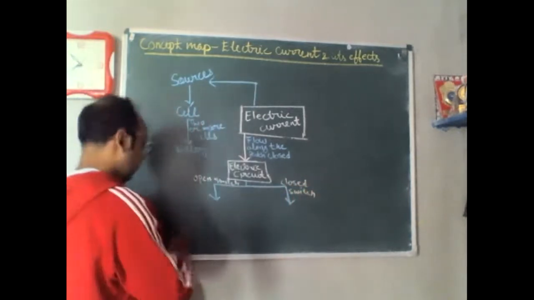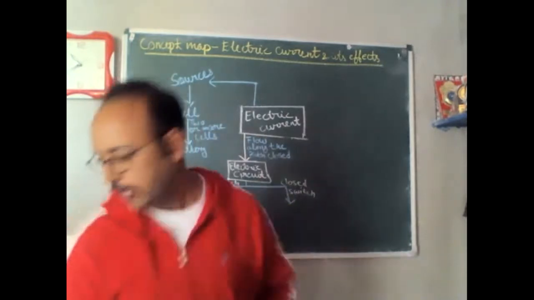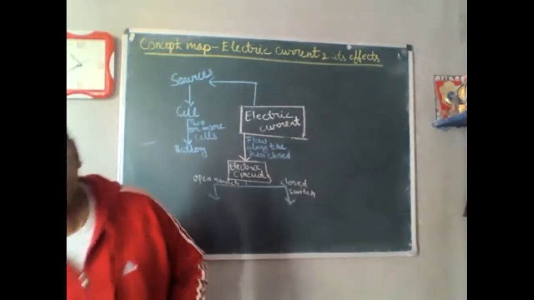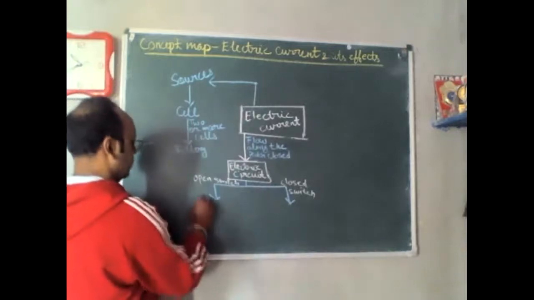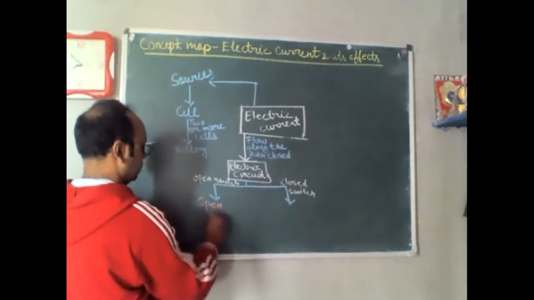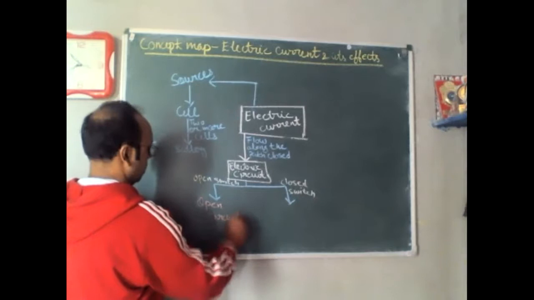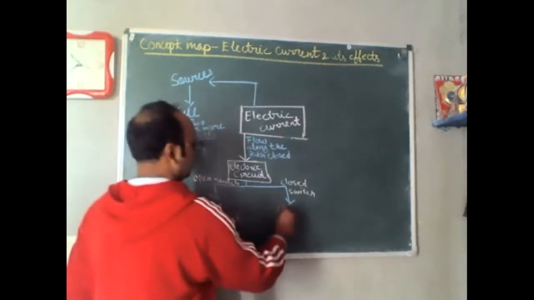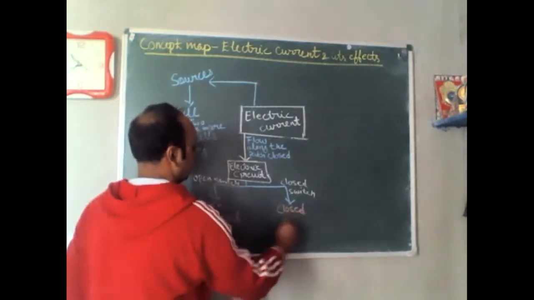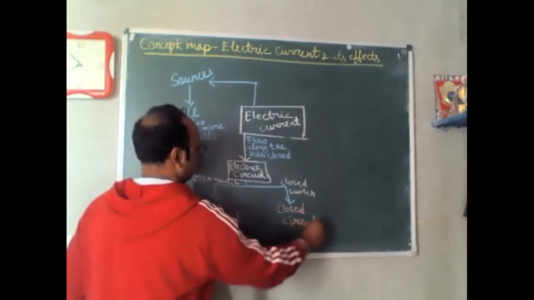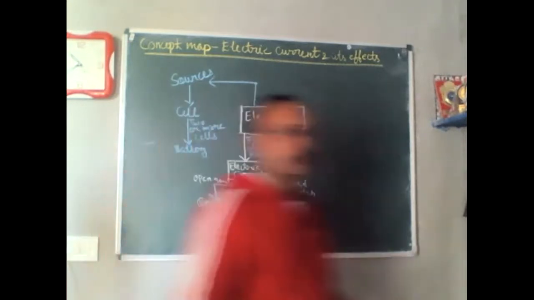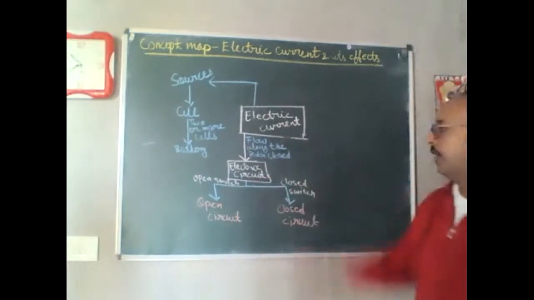When switch is open, then we can say the circuit is open circuit. And when switch is closed, then the circuit is closed circuit, right? So open circuit and closed circuit.